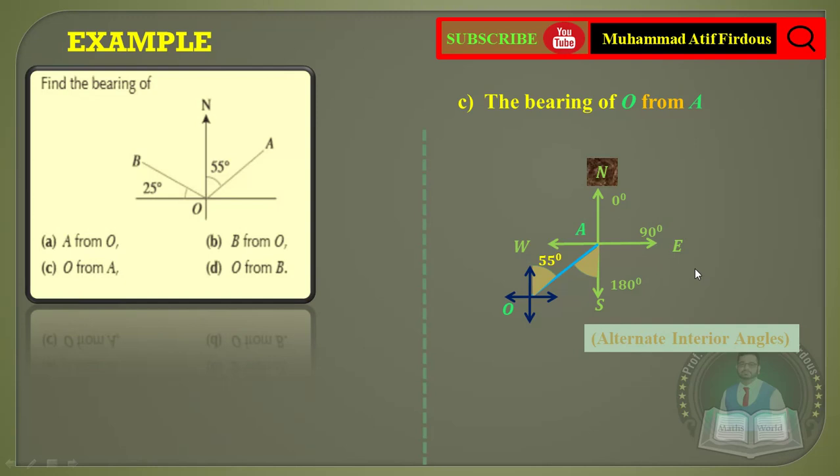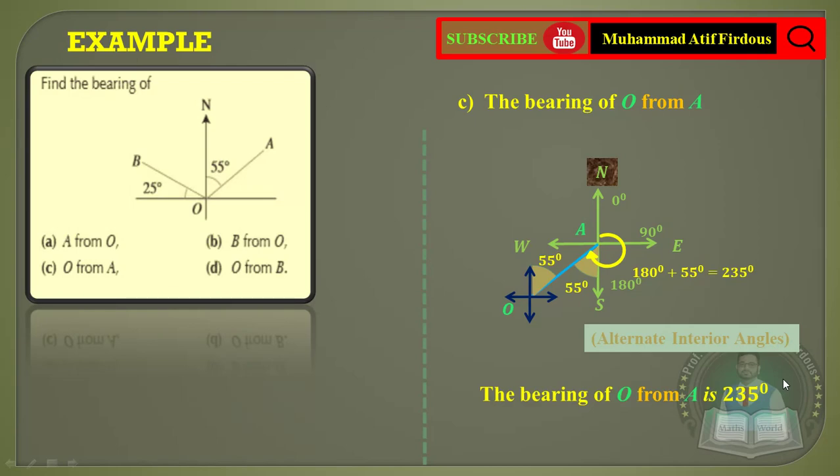You can see on this diagram 55 degrees, which we are going to use to find the last angle, O from A, and we start with the north line. We know the angles 0 degrees, 90 degrees, 180 degrees. So just add 55 degrees to 180 degrees. Our last answer is 235 degrees. So the bearing of O from A is 235 degrees.